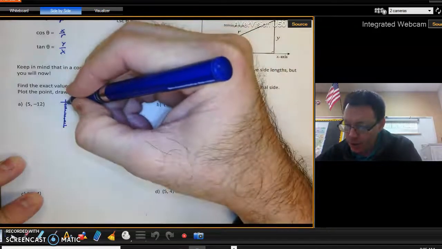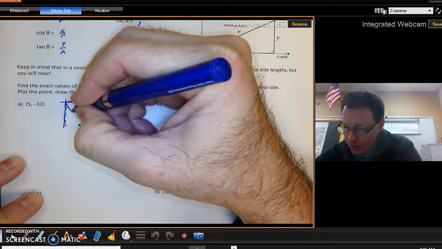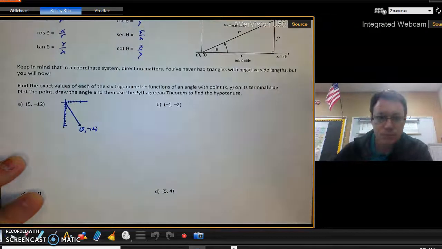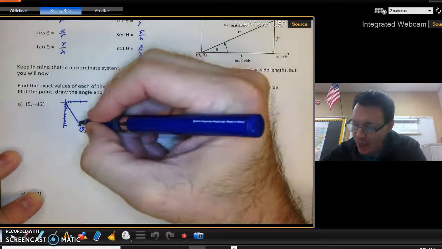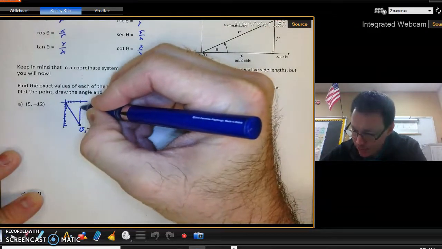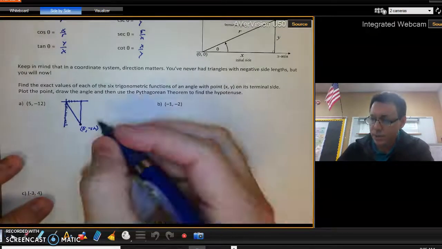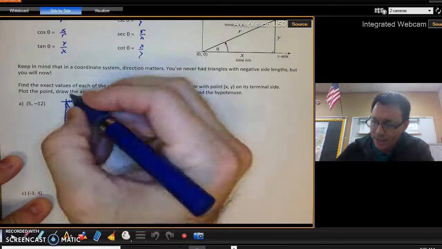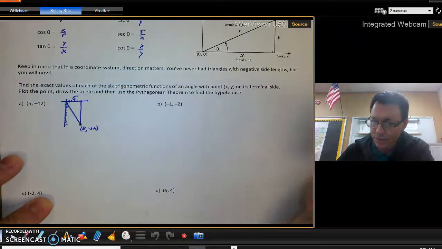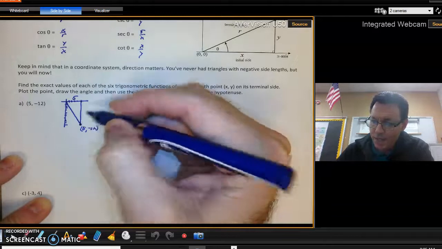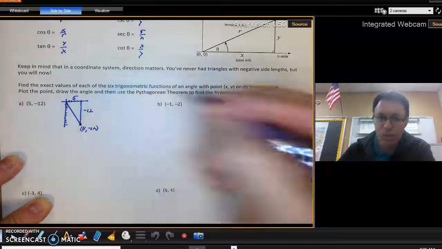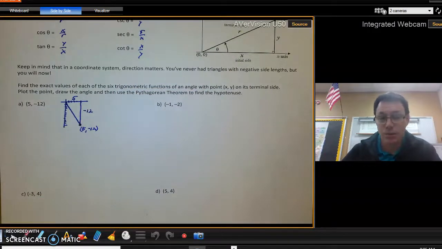I'm going to draw a triangle out of this. I'm going to go from the origin down to the point, and then I'm going to go straight up to the x-axis. You always go back to the x-axis. Now, I'm going to label what I know. I know that this x side is 5. This y side is negative 12. Again, it's important that we label that negative there.